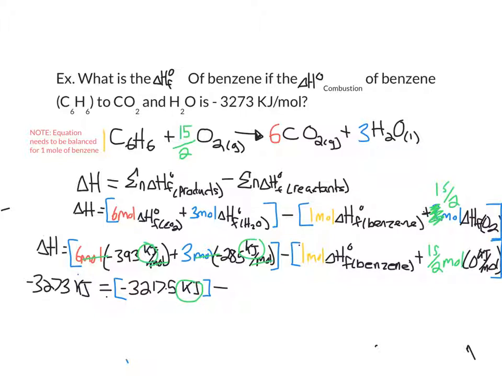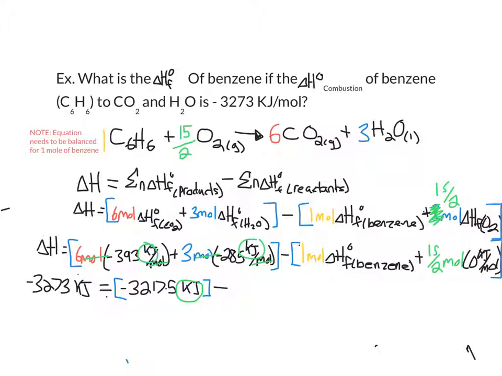Your second blue bracket simplifies a lot easier because you have 15/2 times 0. So really, all of this equals 0. And then you're left with 1 mole times standard enthalpy of formation of benzene. So now 1 mole, really, we don't need to include that.